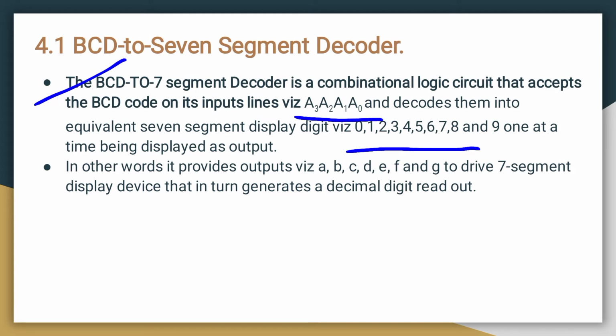So we get the input as A3, A2, A1, A0, and it displays one digit from 0 to 9 at a time as output. In other words, it provides the outputs A, B, C, D, E, F and G, which drive the 7 segment display from A to G. That will give you the decimal digit readout.